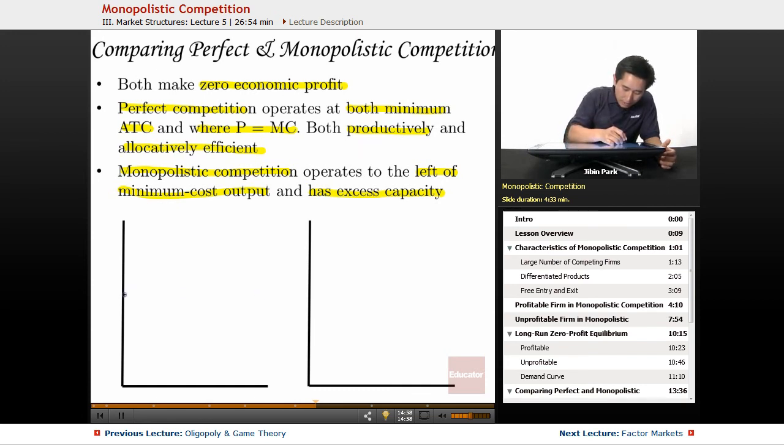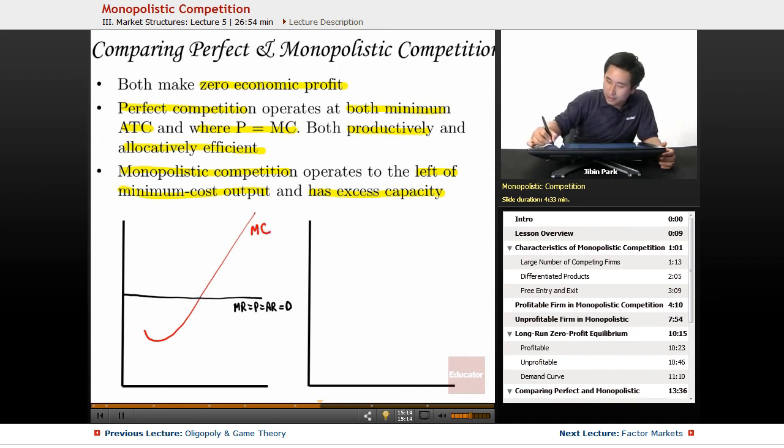Remember, it's going to be a straight horizontal line here. So MR equals P equals AR equals D. And what you're going to have here is the marginal cost, the MC, is going to intersect at this point, the ATC here. So you're going to smile right here. So this is ATC.